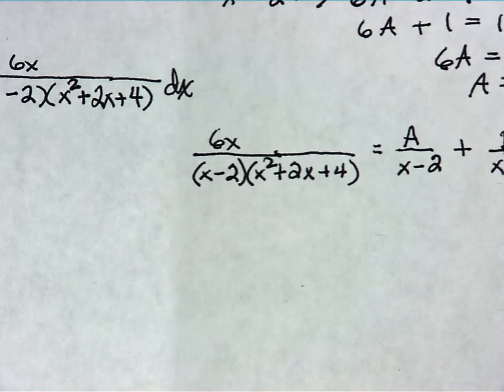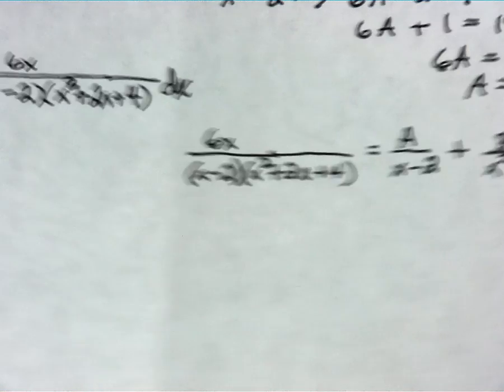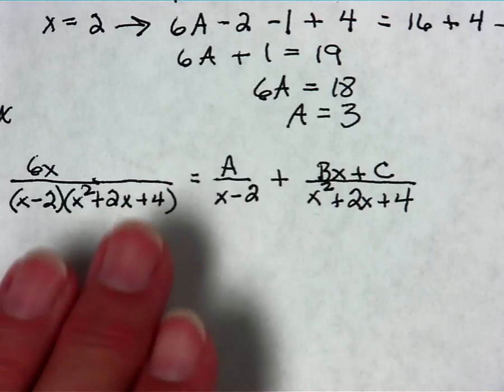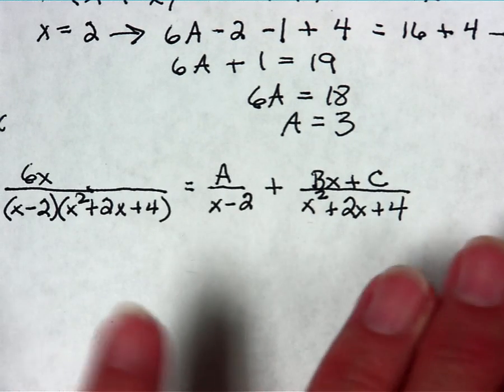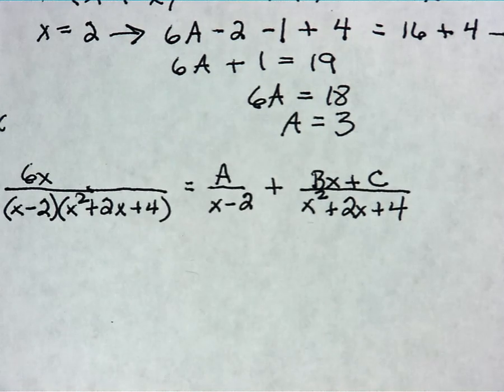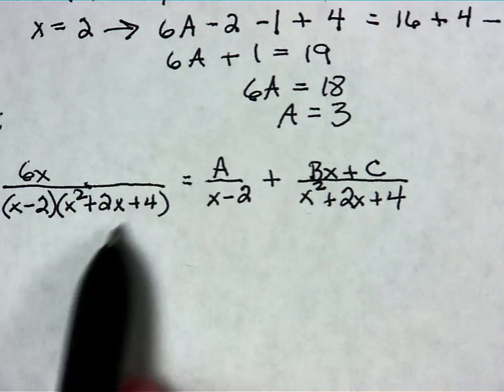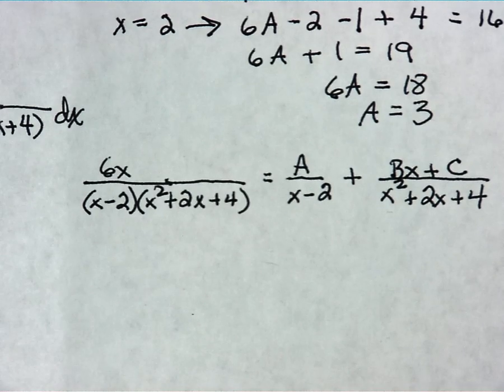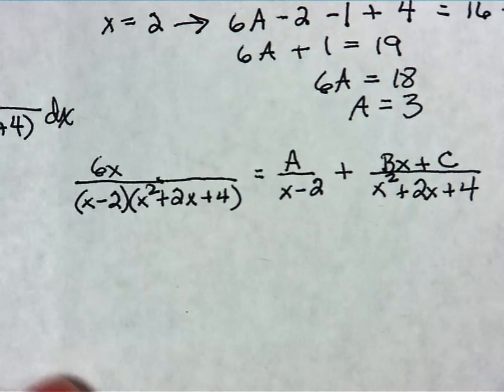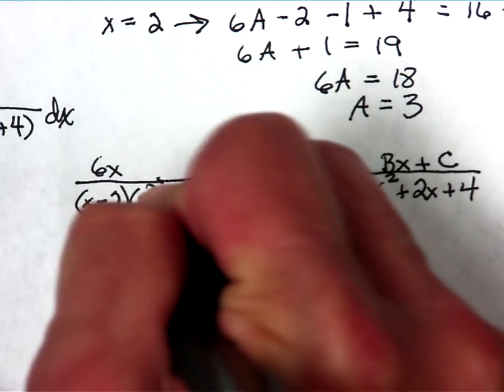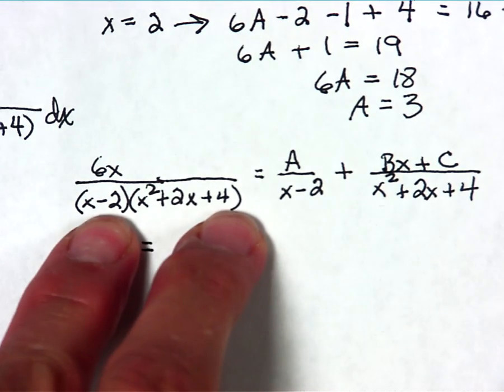Is that all I need? Yep. Unless the quadratic factor was squared, then I'd have to have a DX plus E over the quadratic factor squared, but I don't have that. And then I need to clear out the fractions, multiply all three terms by the LCD, cancel what will cancel, write down what's left. If I multiply the left-hand side by the LCD, what will be left? Just the 6x, because the LCD is going to be both of those.